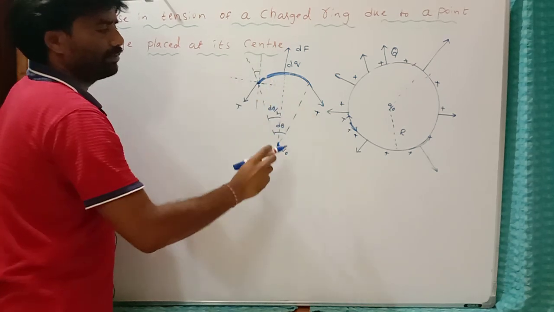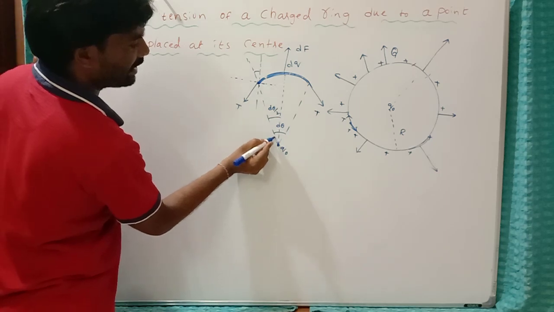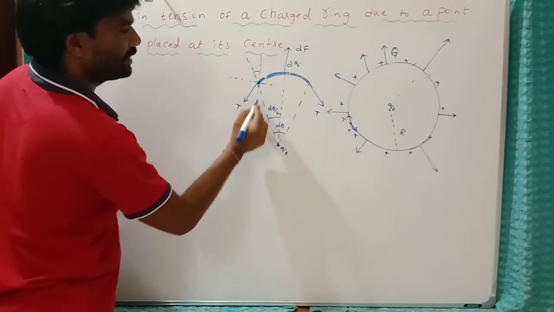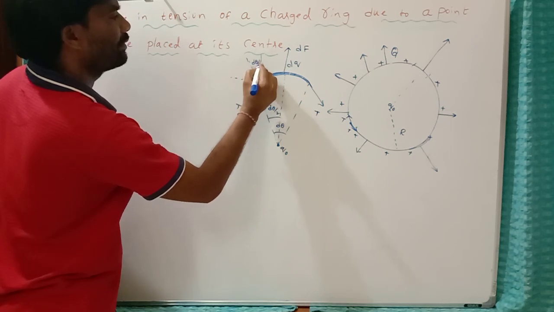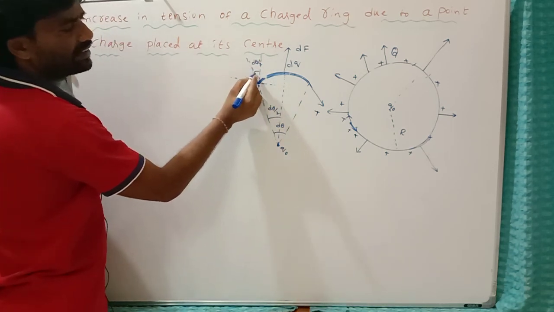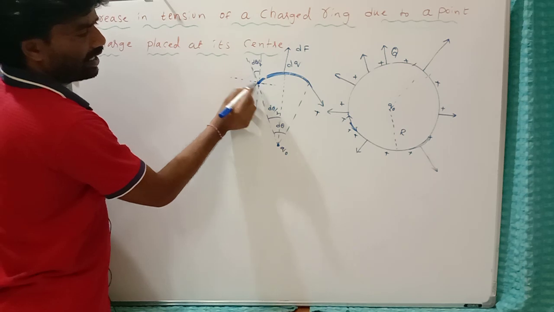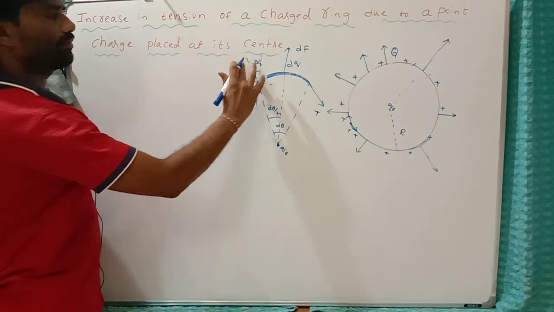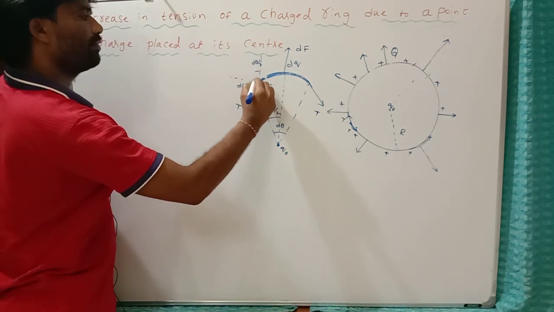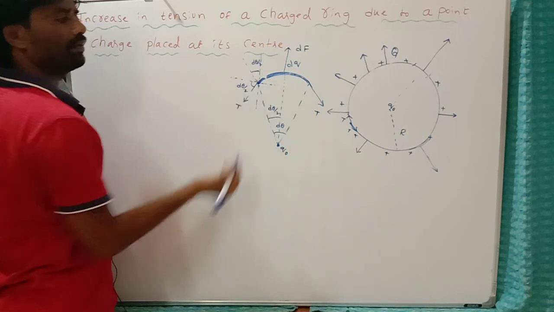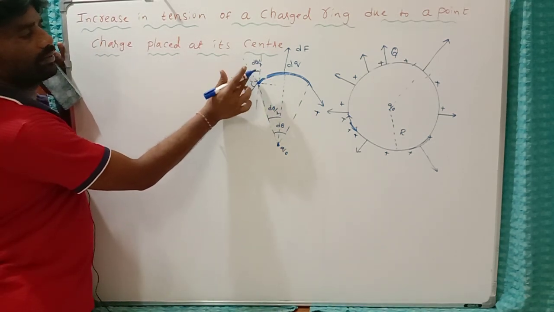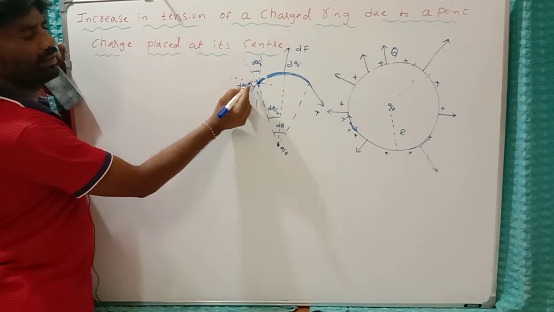This line is parallel to this. This is d theta by 2, this is 90 minus d theta by 2, this angle is 90, so this is d theta by 2 again, and this is 90 minus d theta by 2.